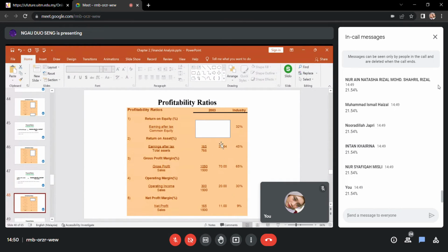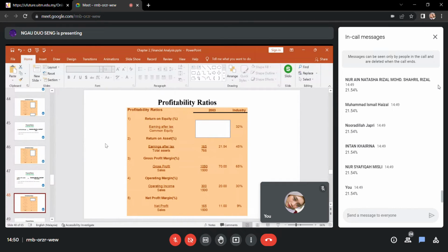This one is for managers. You see, it is almost double. Industry is like 45, company is 21. So the manager needs to look into this to increase the return on asset.